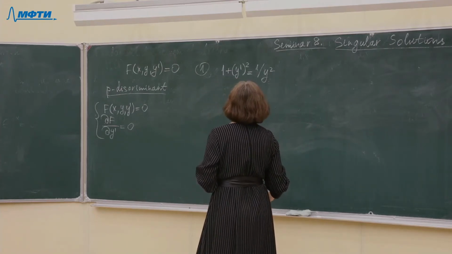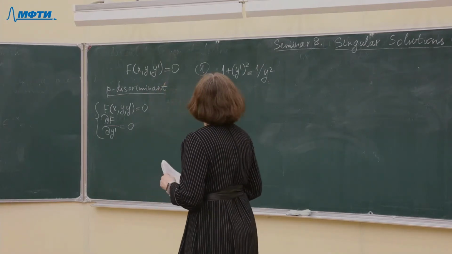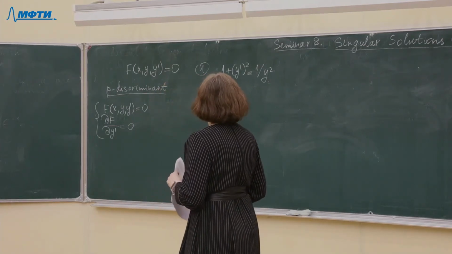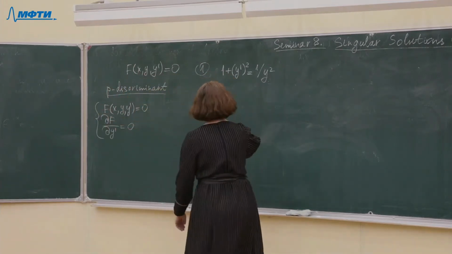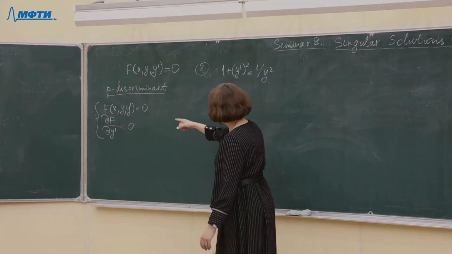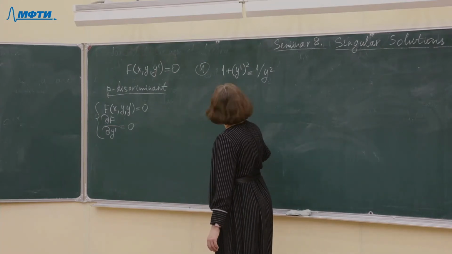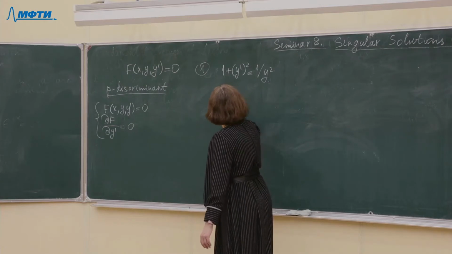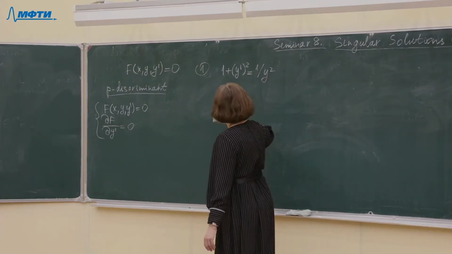First of all, let's find the p-discriminant curve. So we should differentiate this equation with respect to y prime.